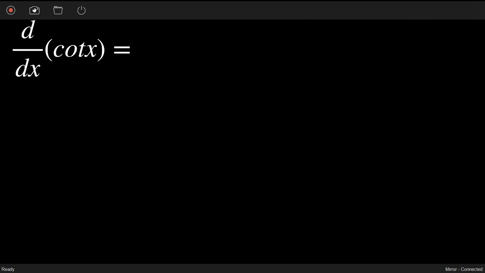And then we have cotangent of x. So cotangent is equal to cosine divided by sine. And so we're going to use quotient rule here.